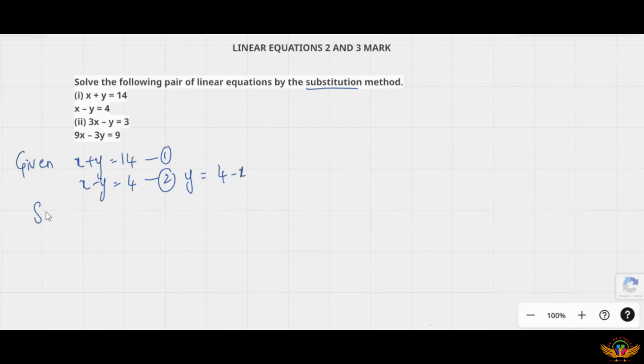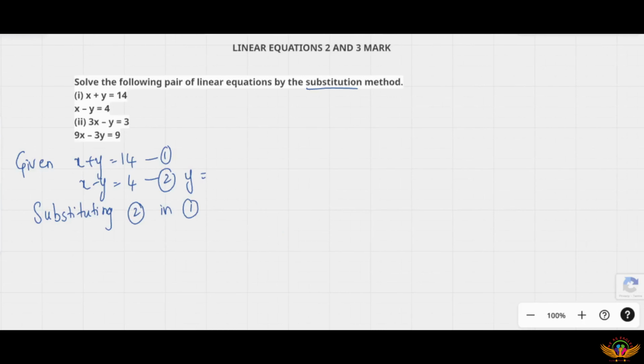Now substituting the second equation in equation number 1. Look here, see this is wrong, right? It's a minus symbol. Actually, let me rewrite this.